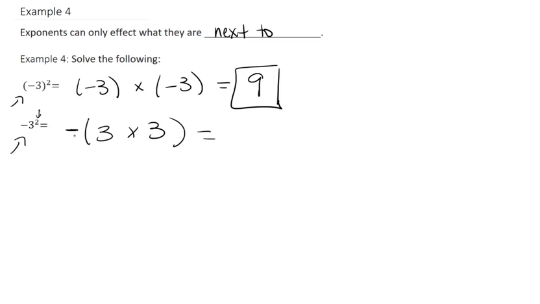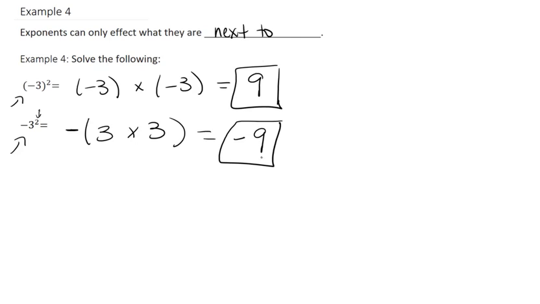And so we only have one negative sign, which affects the solution. So we have 3 times 3, so this would be -9. So when you have an exponent just attached to a number, it doesn't include the negative number when multiplying. So that's how we can get 2 different answers of 9 and -9 for this problem.